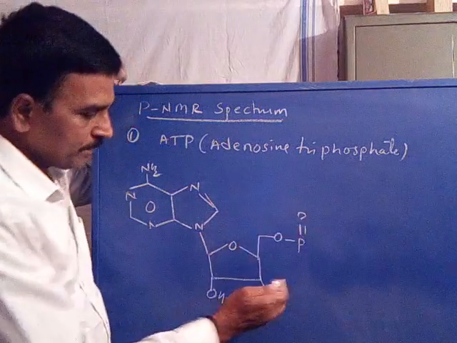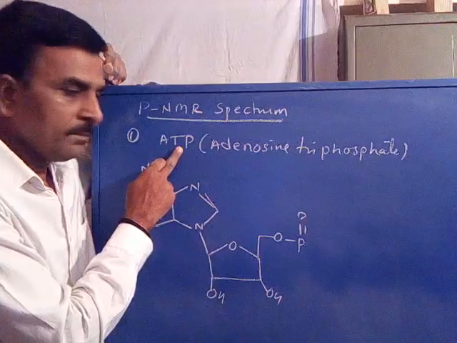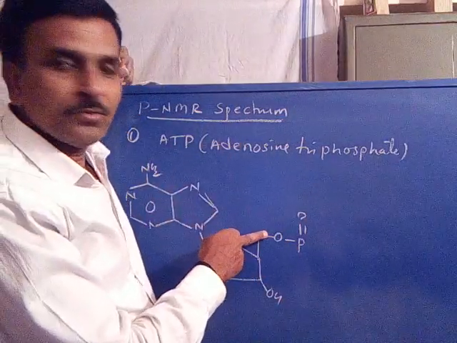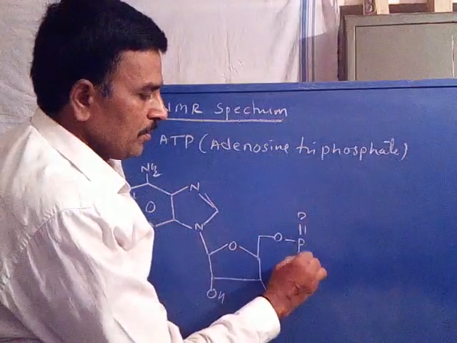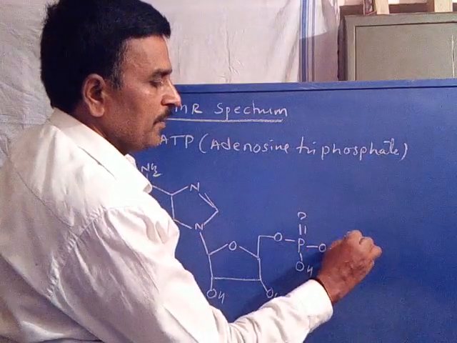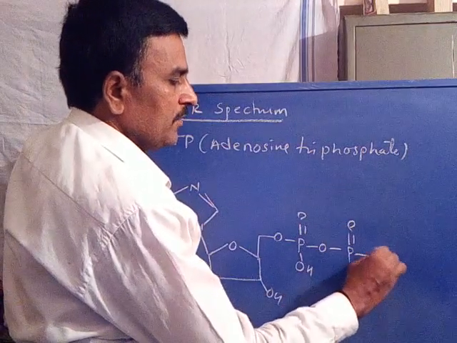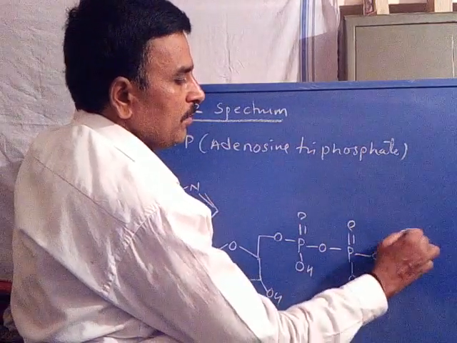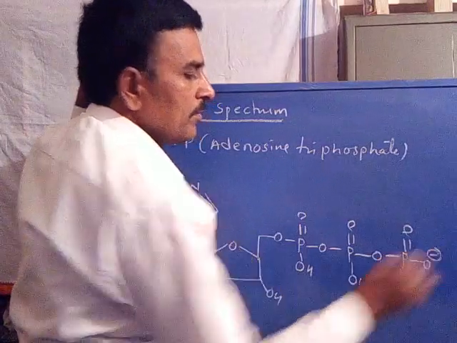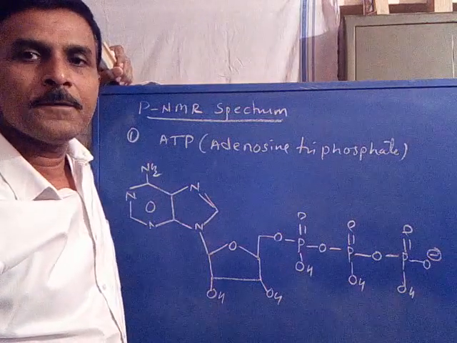So up to this part it is adenosine. It is in triphosphate form, that is, three phosphate groups are attached to CH2OH. O, P, O, this is OH, oxygen, again phosphorus, double bond O, oxygen, oxygen, phosphorus, double bond O, OH, O minus. This is the structure of adenosine triphosphate.